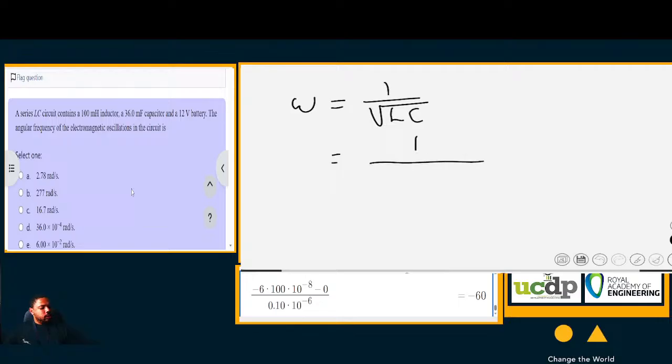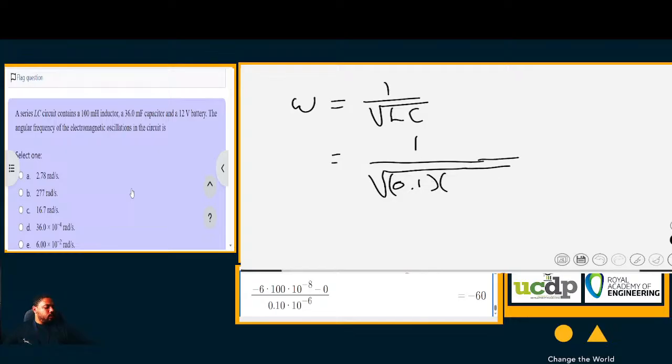What did we say was the inductance? They gave us an inductance of 100 millihenry, which is just 0.1 Henry. I could have just said 100 times 10 to the negative 3 Henry. So 0.1 Henry is the inductance.